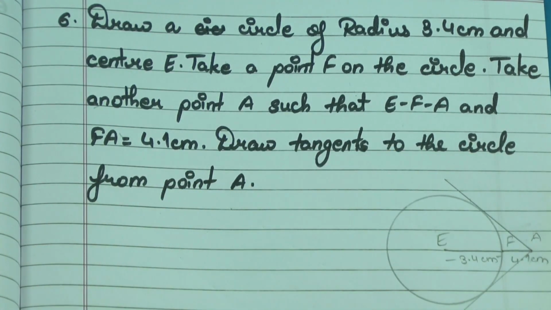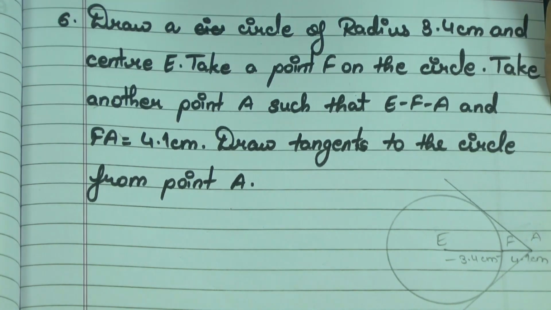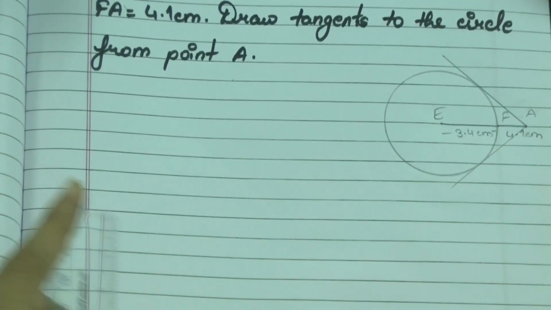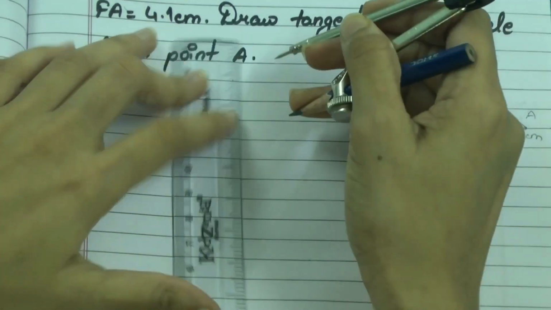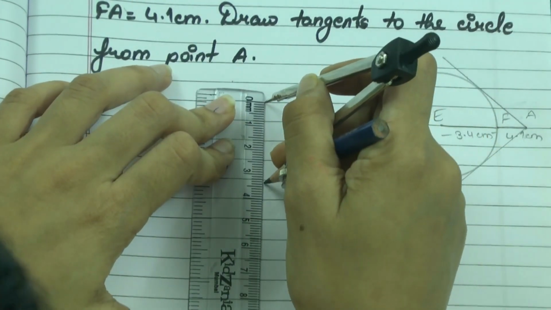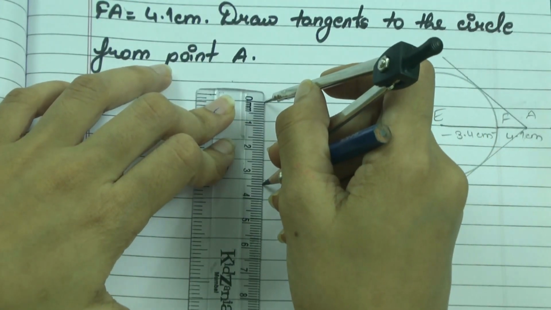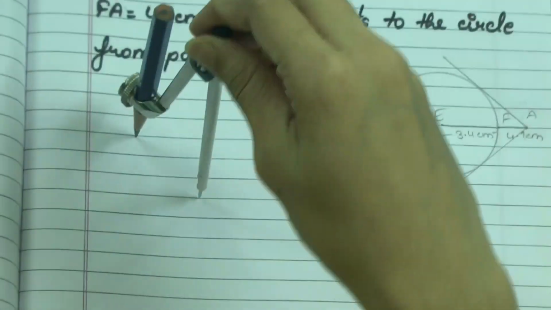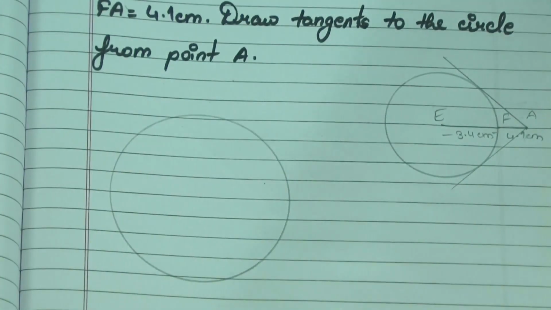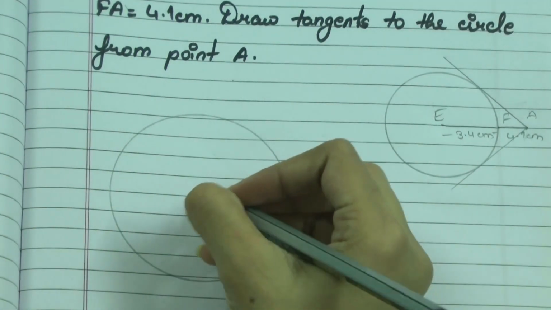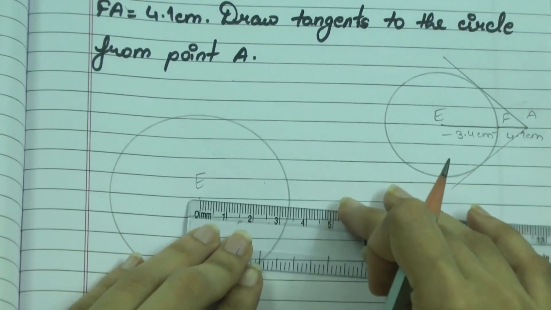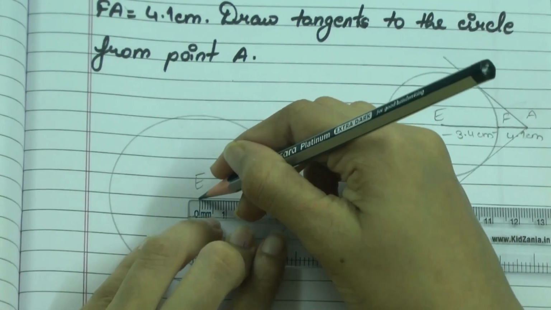Now measure the distance, 3.4 centimeter, children, and draw a circle. Draw a circle of 3.4 centimeter. Mark the center as E, as per the rough diagram we have already drawn. Take the point F on the circle.